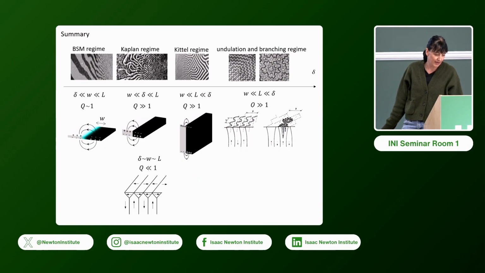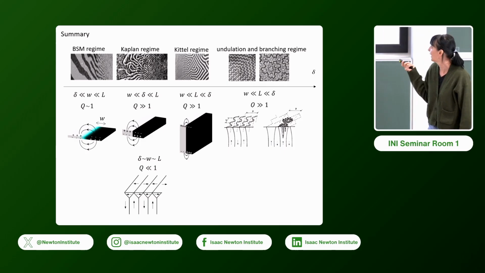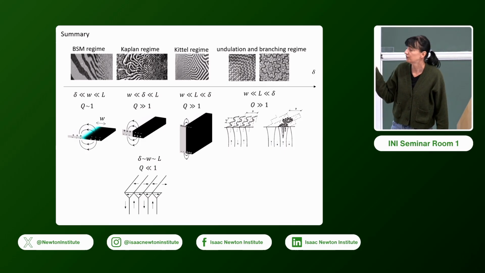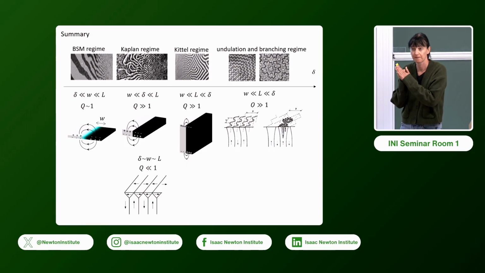And last thing, I want to mention that there is yet another regime, and you see that up to now we looked at Q close to 1 regime, or very high Q regime where the wall is very thin, but you can look at an opposite regime which is Q much smaller than 1. And in that case, another way to cancel the surface charges is simply to put the magnetization in plane at the surface.